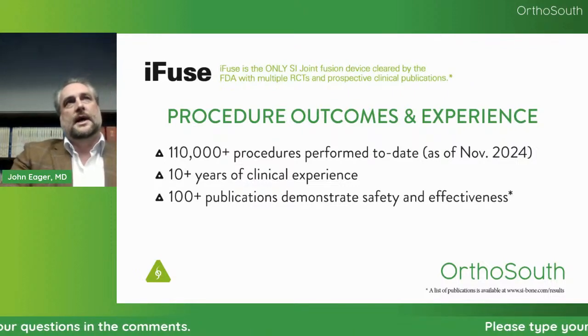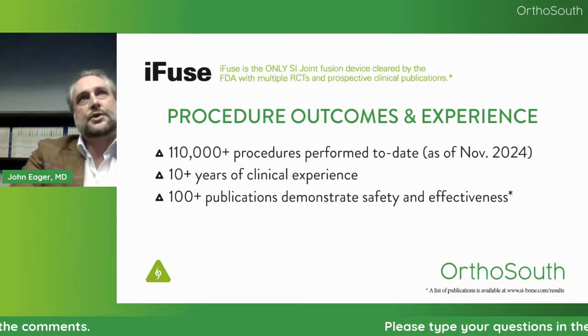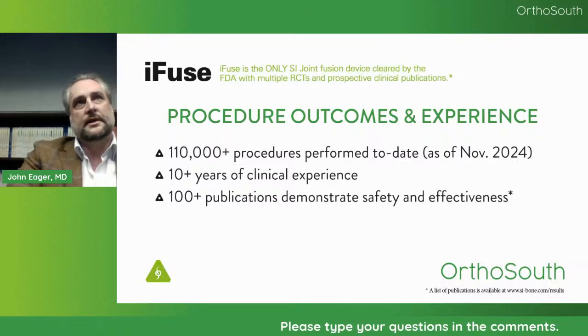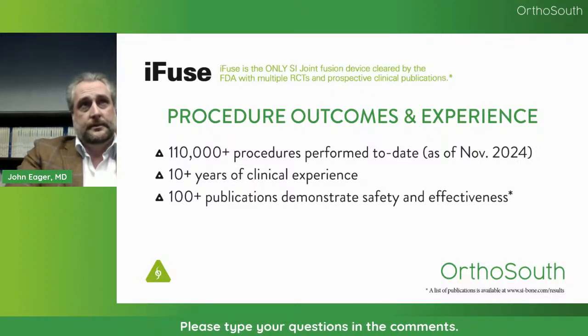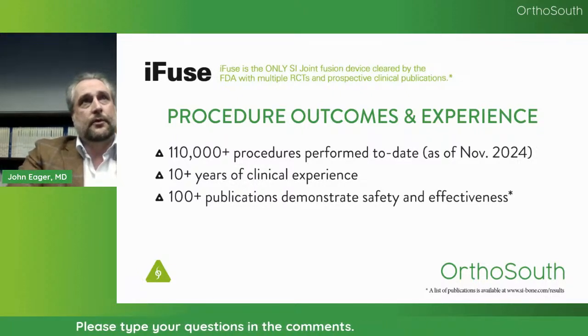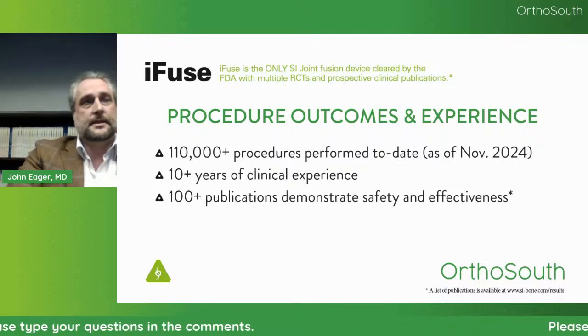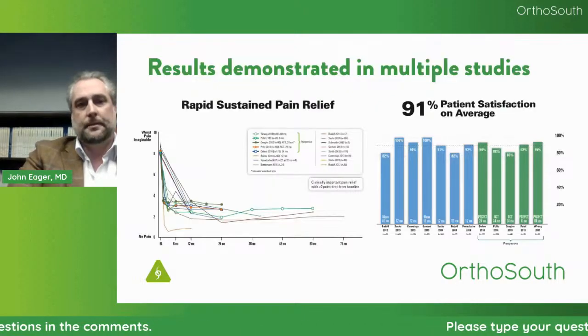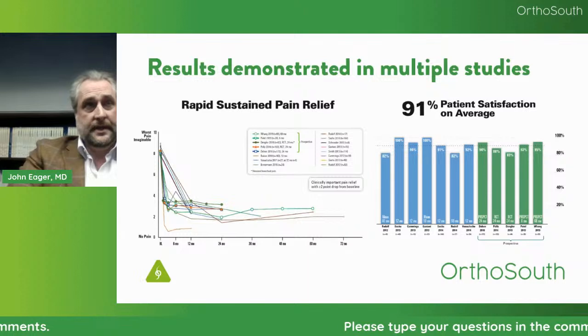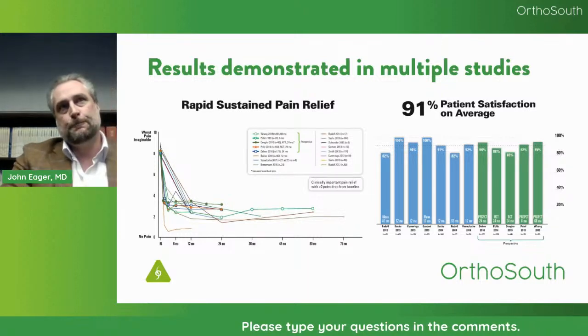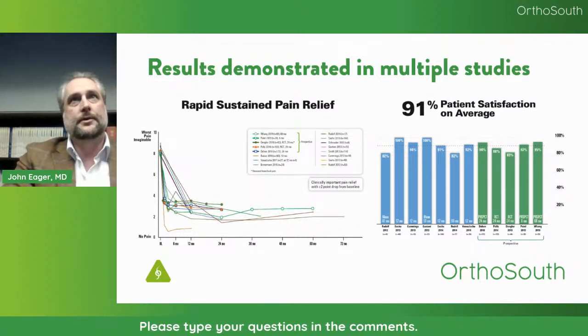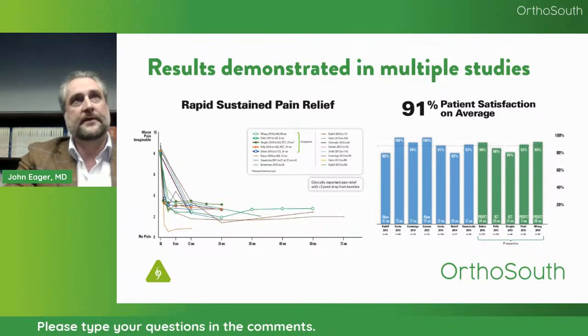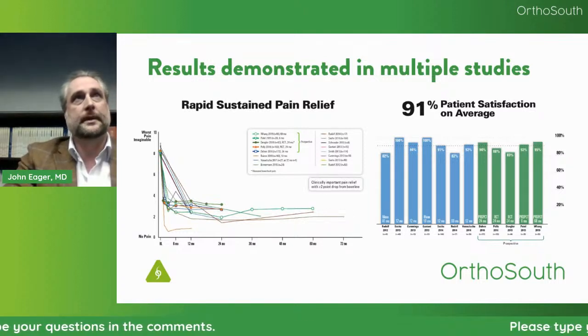So these next couple slides will go through some of the trials with iFuse specifically. There have been numerous procedures performed to date, a decade plus of clinical experience, and numerous publications that point to this as a worthy modality in the definitive management of SI joint pain unrelieved with non-operative treatment.